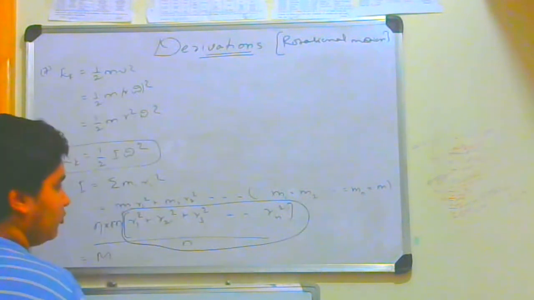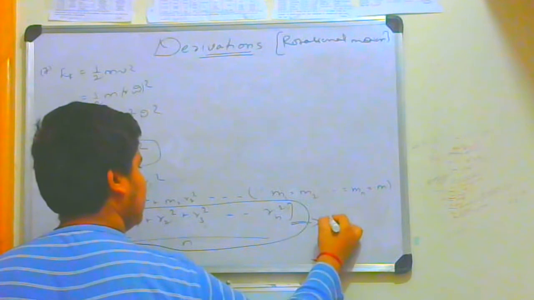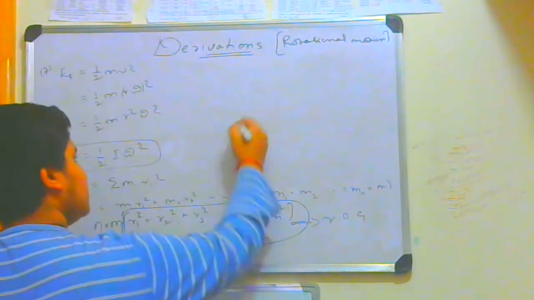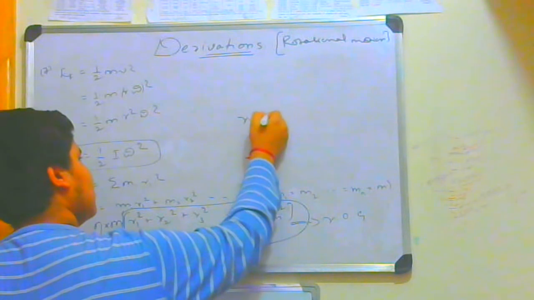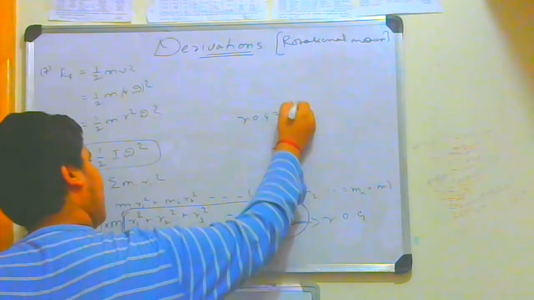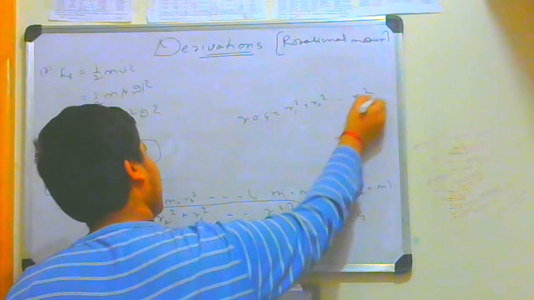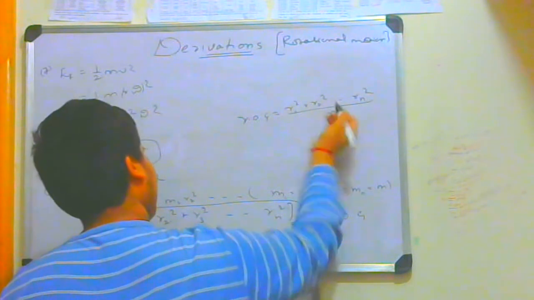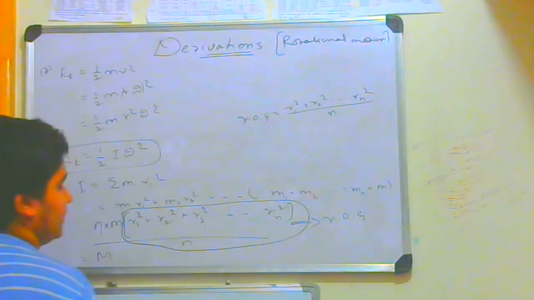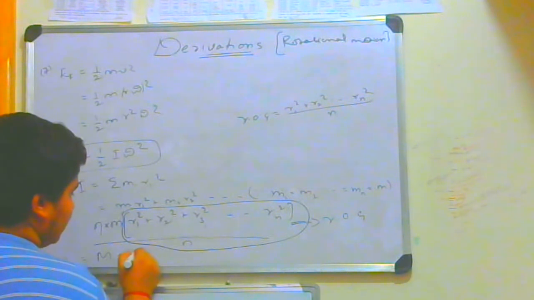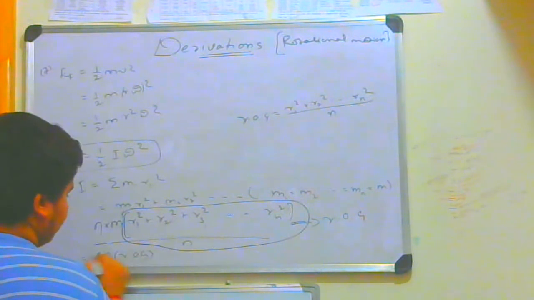Okay, इसको मैं कहता हूँ as radius of gyration. ठीक है, and radius of gyration is given by r1 square plus r2 square plus rn square upon n. ठीक है, simple बात है. So here it will be mass into radius of gyration. And what is this?